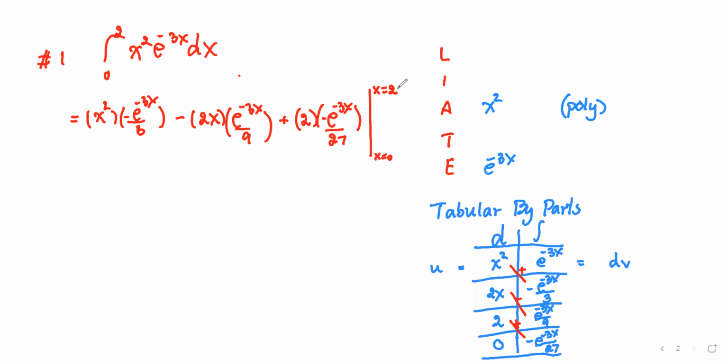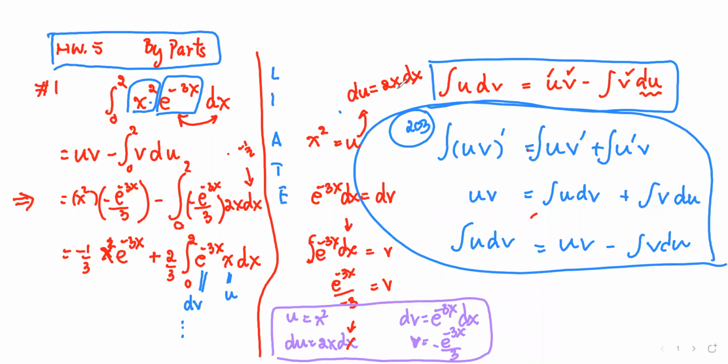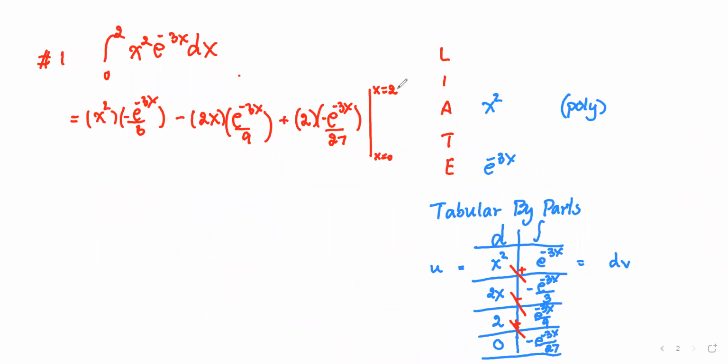If you went back to the traditional way, you're gonna have to do 3 rounds of bypass to get to the answer. Okay, nothing wrong if you want to do the traditional bypass, but for this special case, the easy function, the one that's easy to find the derivative, happens to be the polynomial.